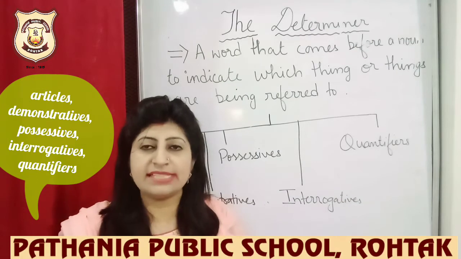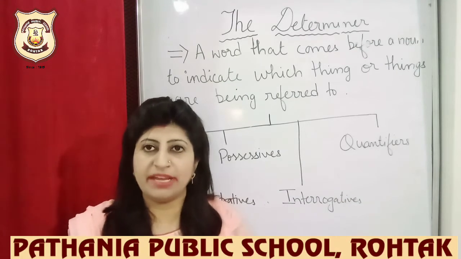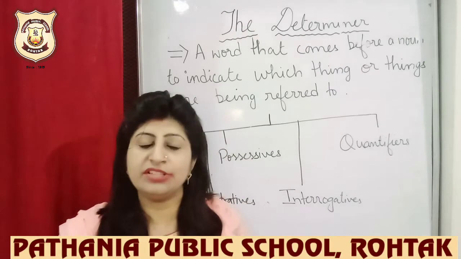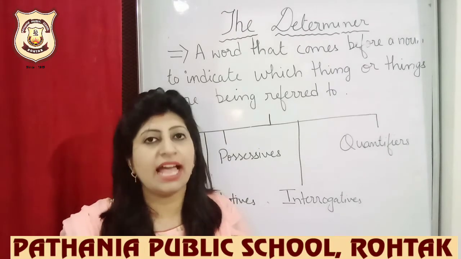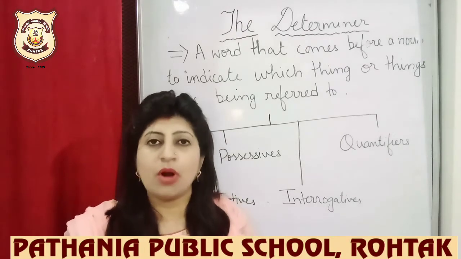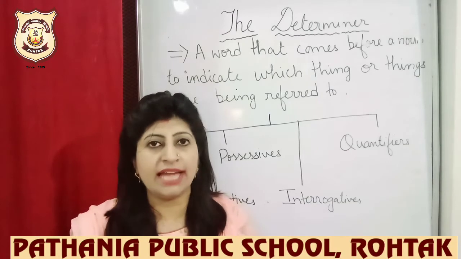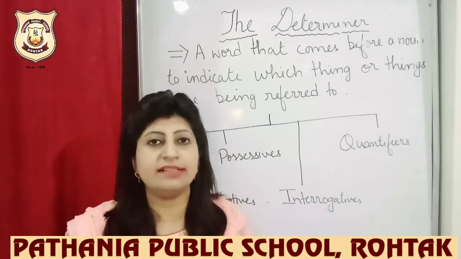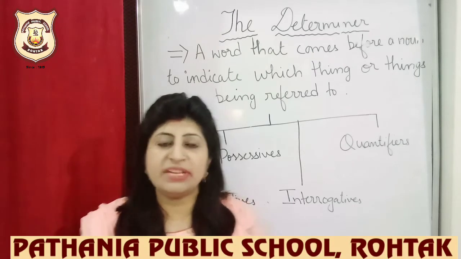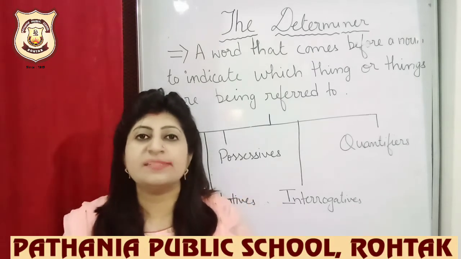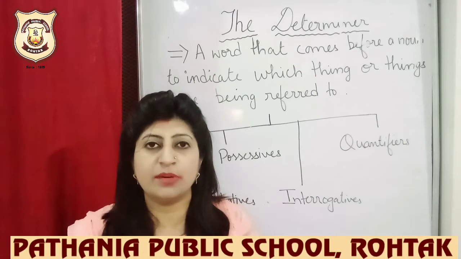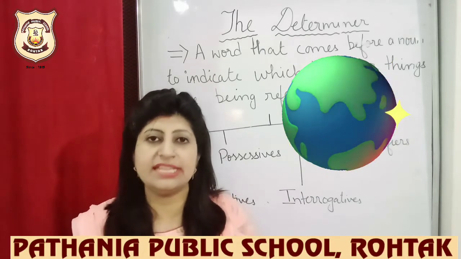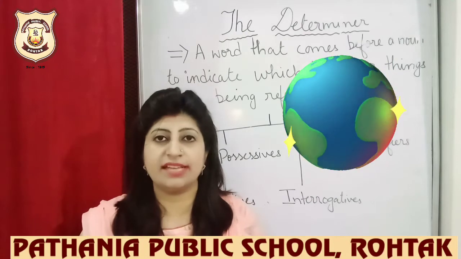One by one, let's understand what we mean by articles. From your junior classes, you have learned the usage of a, an and the. You already know a and an are indefinite articles and the is a definite article. That means when we are talking about a specific single thing, we use the word the. For example, the Kurukshetra University, the earth, the sun.